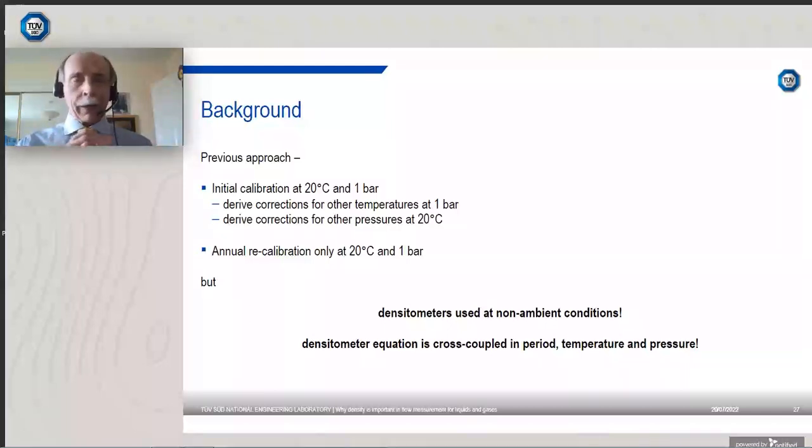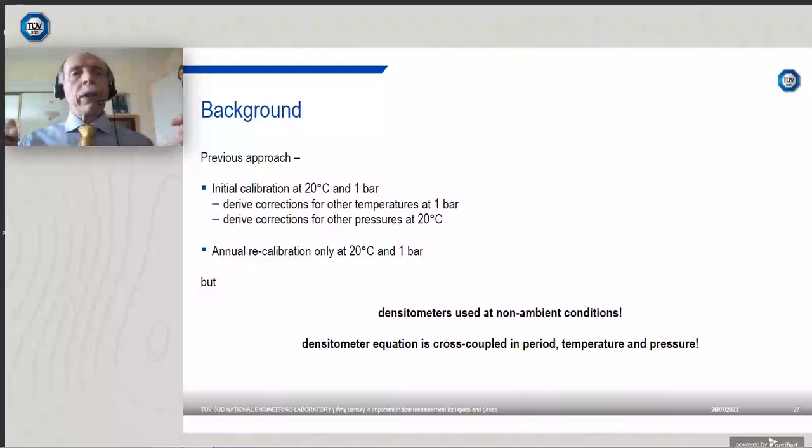A long time ago, the approach was that these devices were initially calibrated at 20 Celsius and 1 bar, and then corrections were derived for other temperatures from measurements at 1 bar at other temperatures, and then separately at other pressures at 20 Celsius.